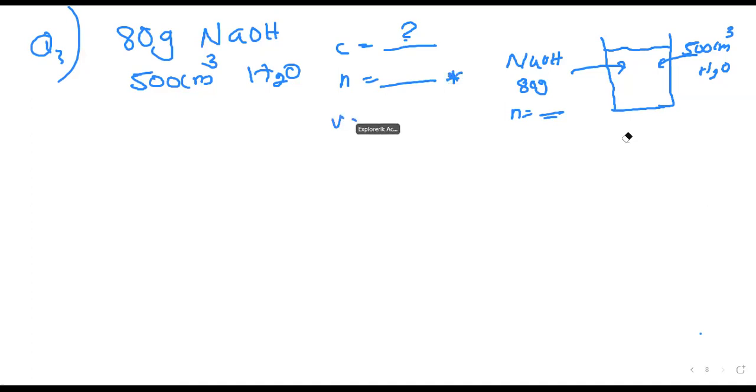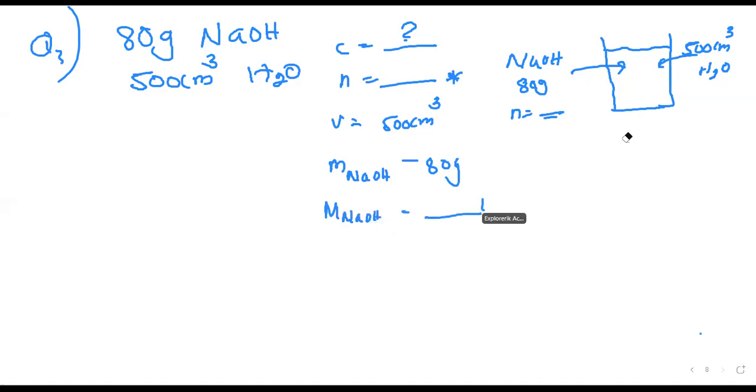The volume they have given us is 500 centimeter cubes, but it still needs a modification. The molar mass of sodium hydroxide you can calculate. The mass of NaOH they have given, that is 80 grams. The molar mass of NaOH you can find out.